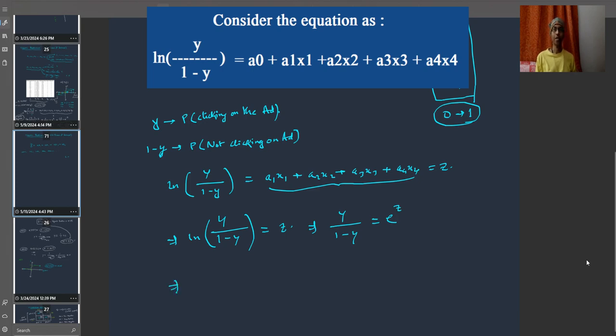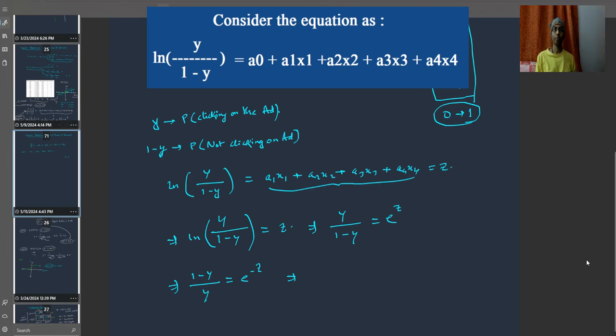Now we rearrange the equation to get the expression for y. Now 1 minus y by y is equal to e to the power minus z, because if we invert this, this also inverts and becomes 1 by e to the power z, which actually means e to the power minus z.